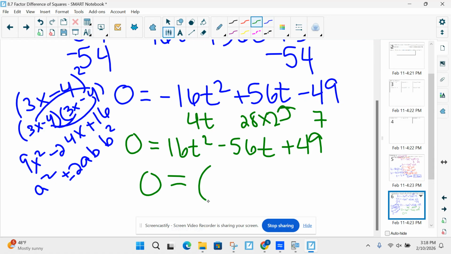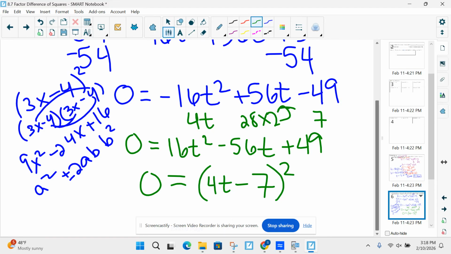So you would set it up as just one factor but squared because you know it's going to repeat. And then you put the square root of this term here as 4t and the square root of this term here, which is 7. And then since there's a minus in the middle term, you'd put a minus in between them.